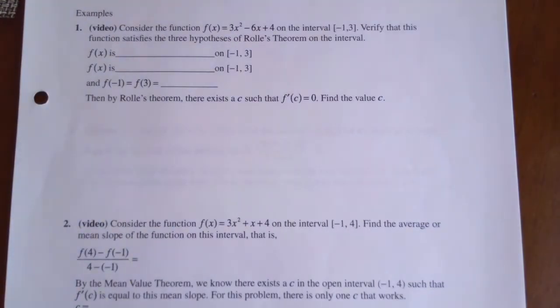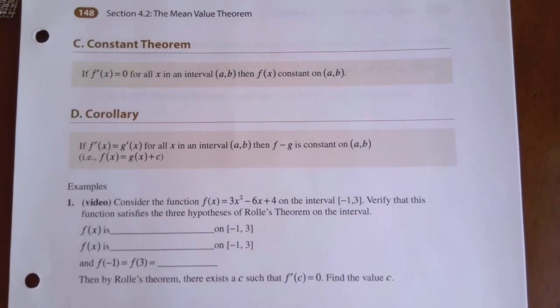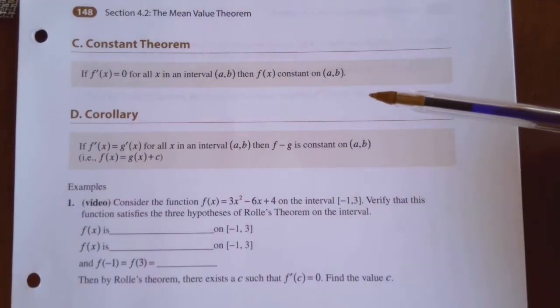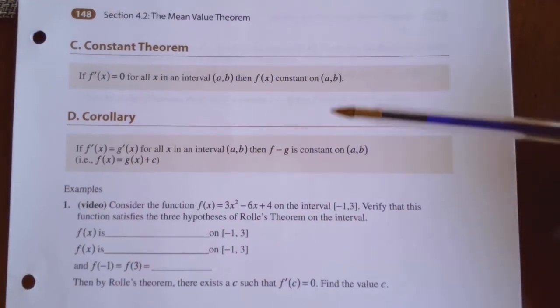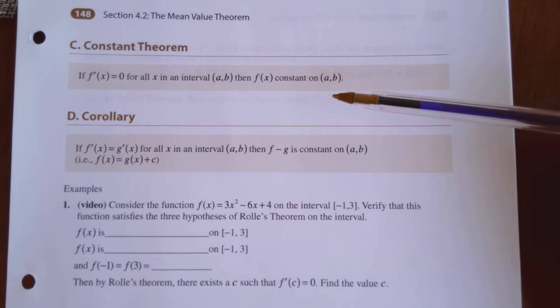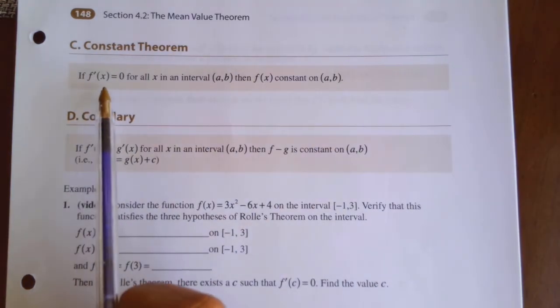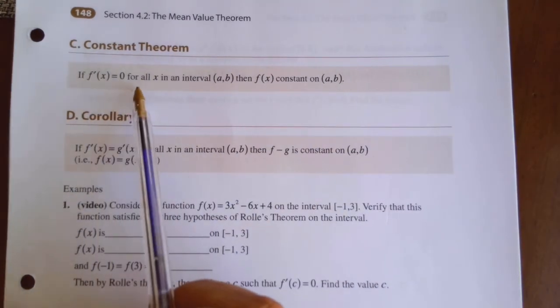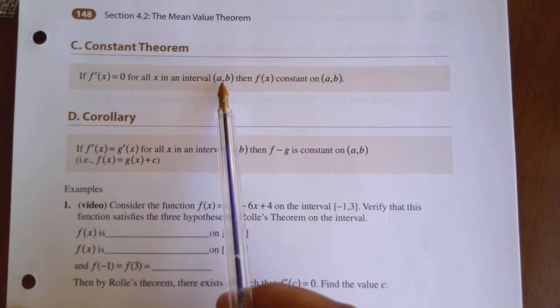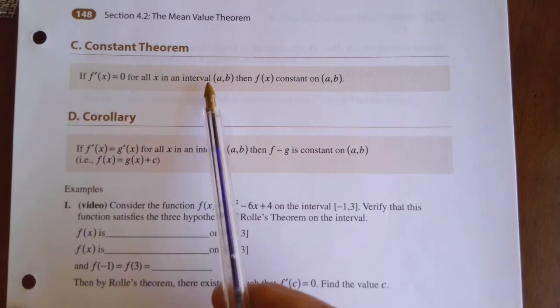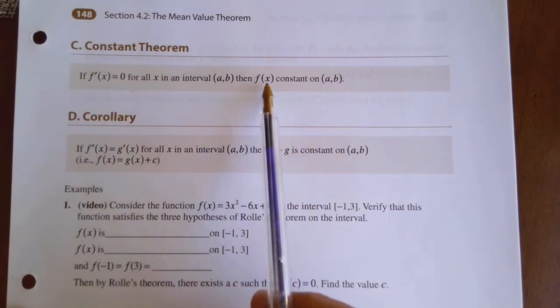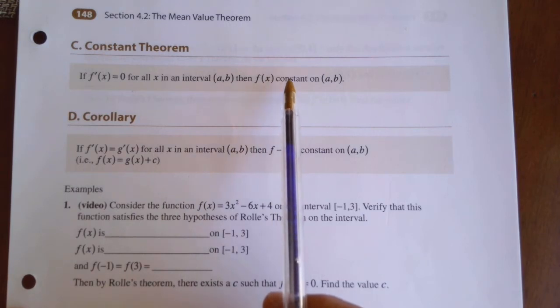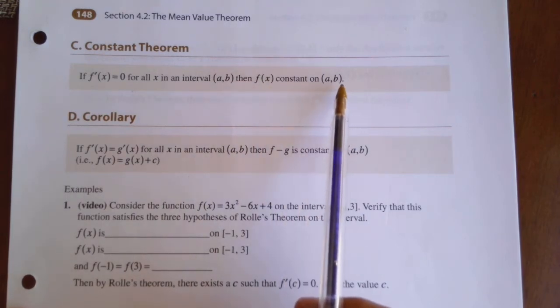Okay. Then you have a couple of quick theorems. One is the constant theorem and one is a corollary. These are kind of just, I mean, you kind of can think about this. We don't use them a whole lot. It's just that, you know, they're there and just for you to think about. So this says if the derivative of x equals 0 for all x on the interval, for all of the x, okay, then f of x is constant on a and b, okay?